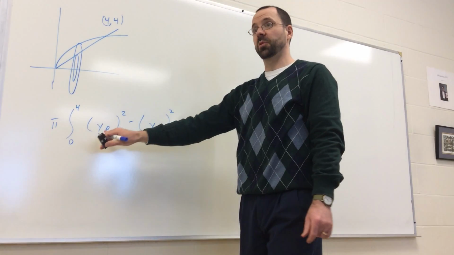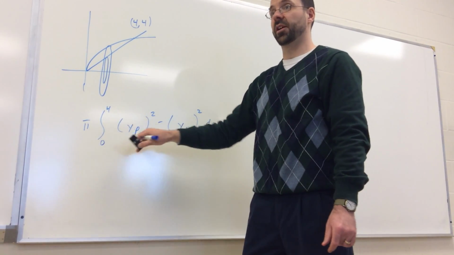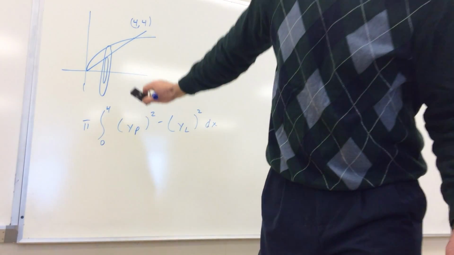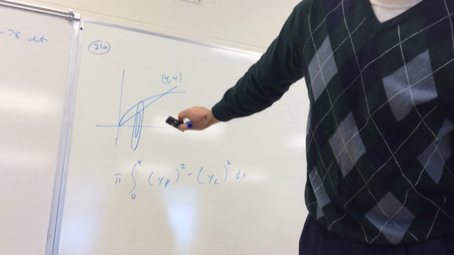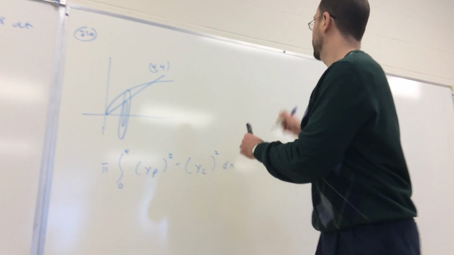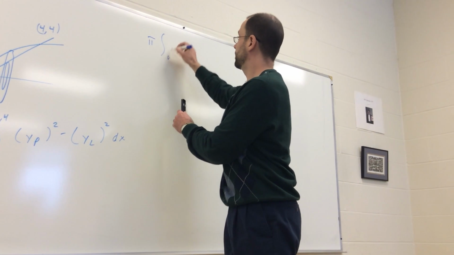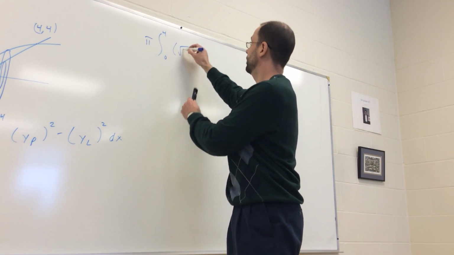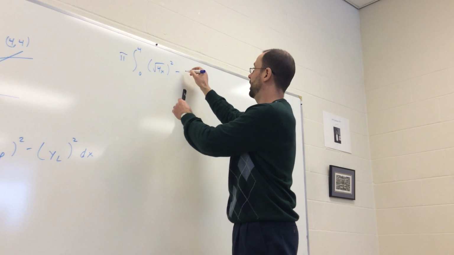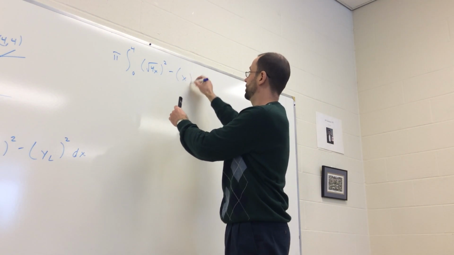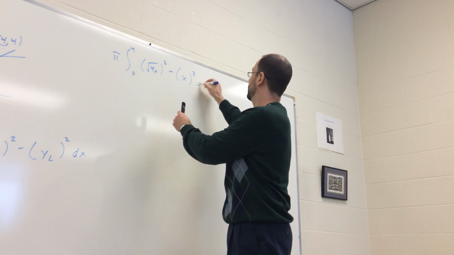But then we have x's mixed with y, so we need a formula for the y value on the parabola, which is square root of 4x. So we got pi times the integral from 0 to 4, square root of 4x squared minus, and then the other one is just x, y equals x, so it's x squared.